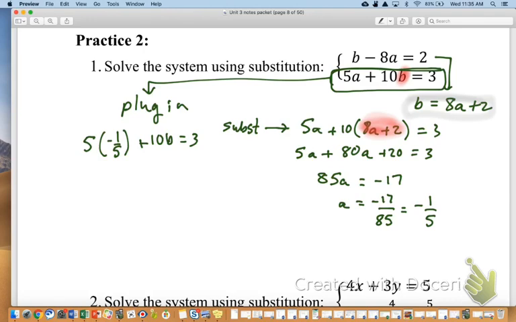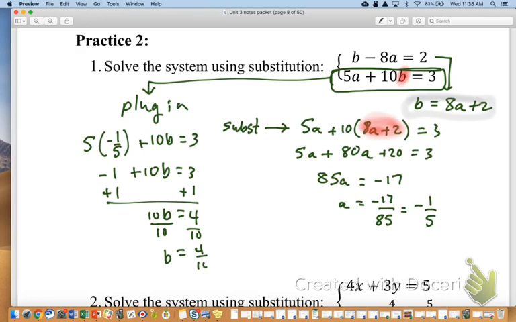It's not 1, it's negative 1, yeah. So negative 1 plus 10b equals 3. What would I do to get the b by itself? I'd add 1. I'd add 1 and then divide. Yep, so it'd be 10b equals 4. Here's that division that Sasha was just talking about. Divide by 10. B is equal to 4/10, which is the same thing as 2/5.